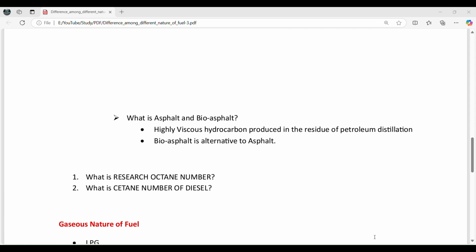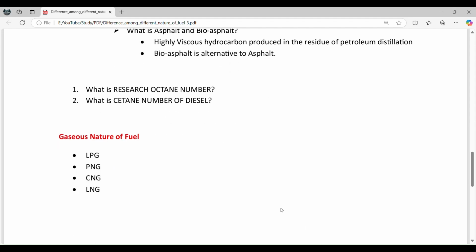Coming to the next one, what is cetane number? As we discussed previously, what is diesel? So, cetane number or CN is an indicator of the combustion speed of the diesel fuel. The higher the cetane number, the more easily the fuel will combust in the compression setting.